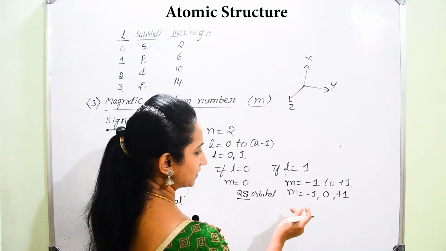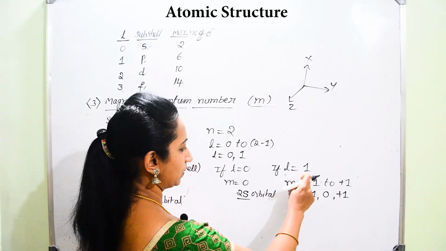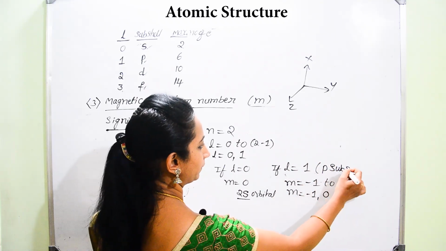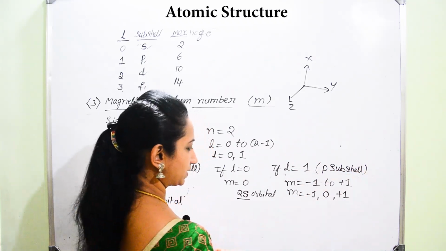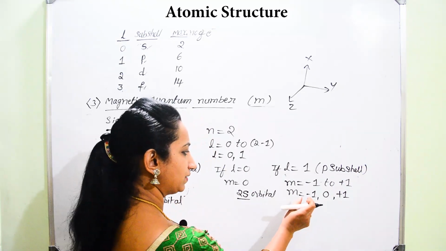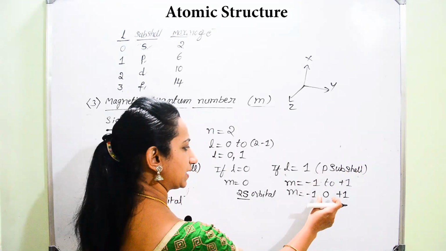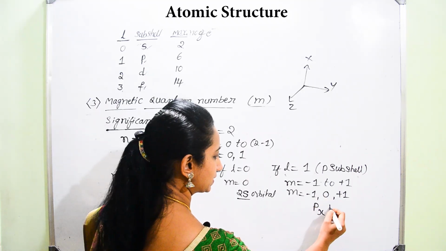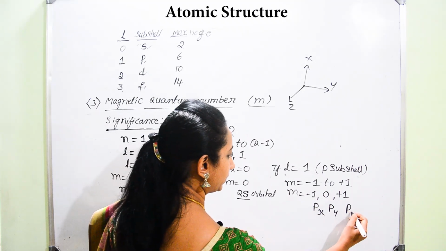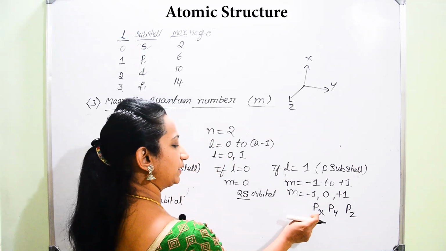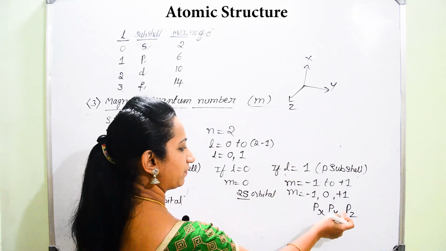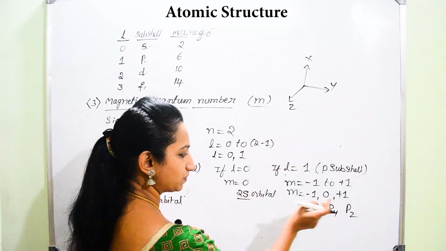Here L is equal to 1 means it is representing which subshell? P subshell. Next, this P subshell contains 3 orbitals, namely Px, Py and Pz. If the orbital is oriented along the x-axis, it is Px, along the y-axis, Py, along the z-axis, Pz.